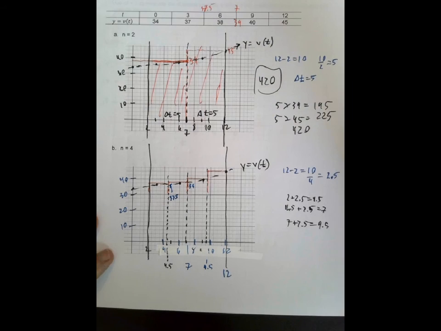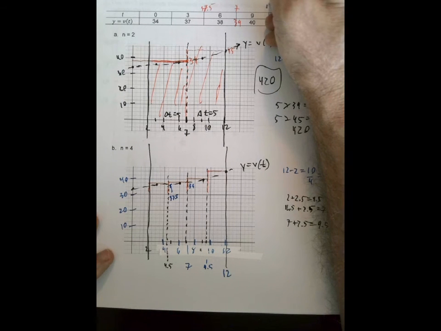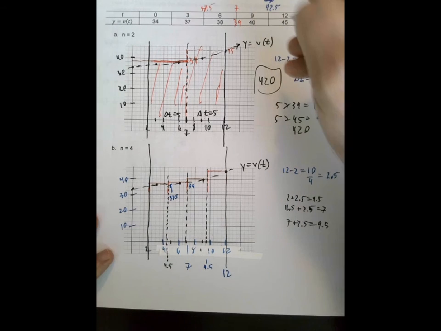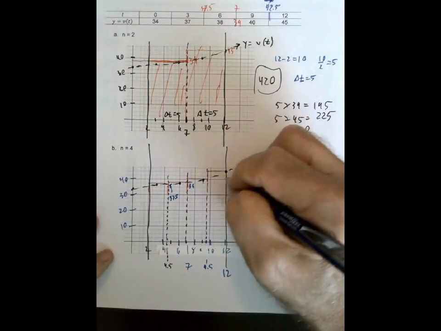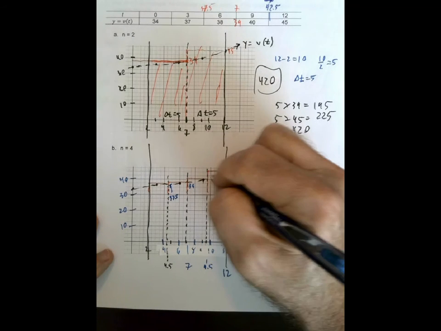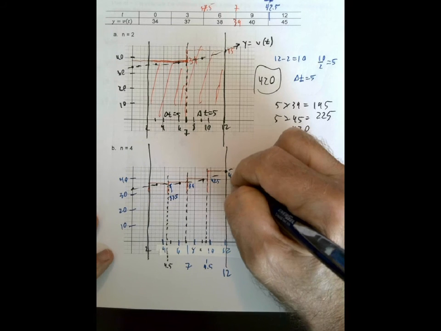So halfway between 40 and 45 is 42.5. So we're going to let 9.5 be about 42.5. So this height here is about 42.5, we estimate, and that one's going to be 45.